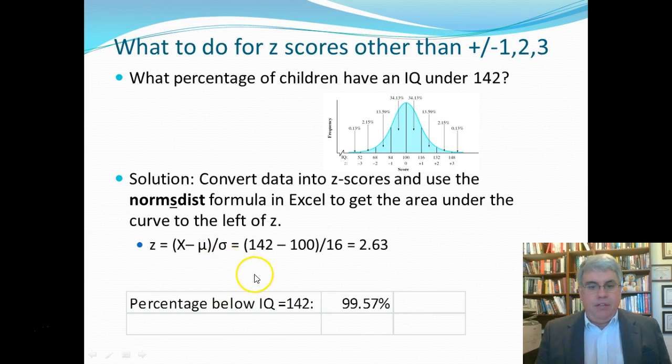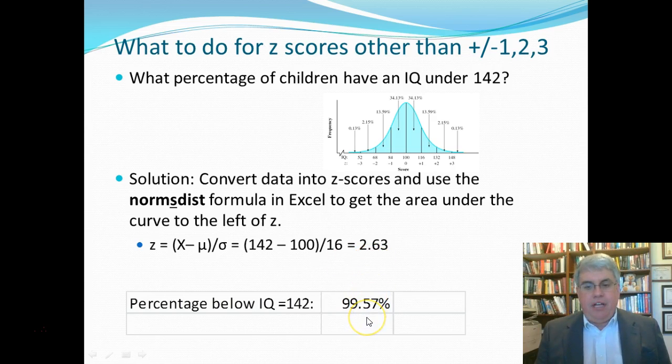In this case, the raw score of the child was 142 minus the population mean, the average person's IQ is 100, divided by the standard deviation of IQs, which is defined to be 16. We pop that into the calculator or into Excel, and we get 2.63.